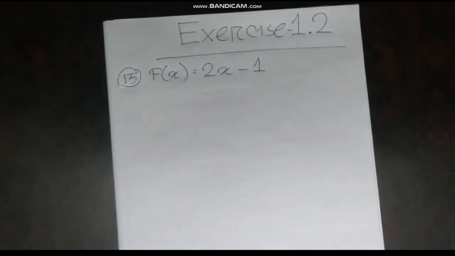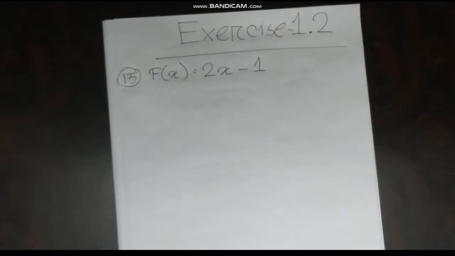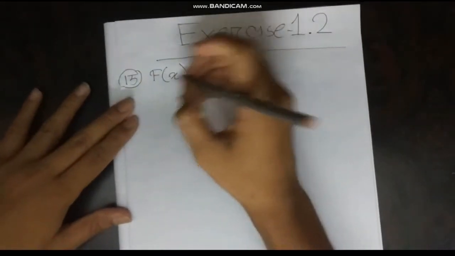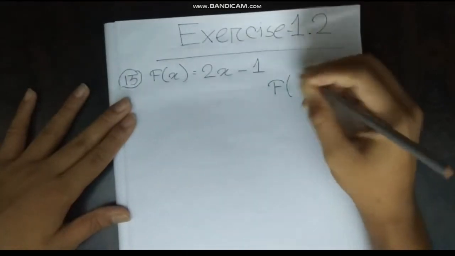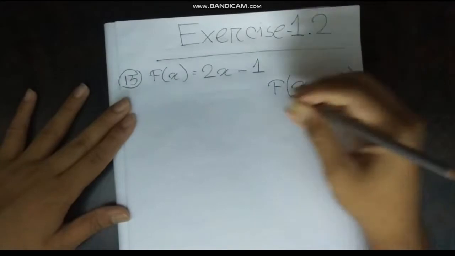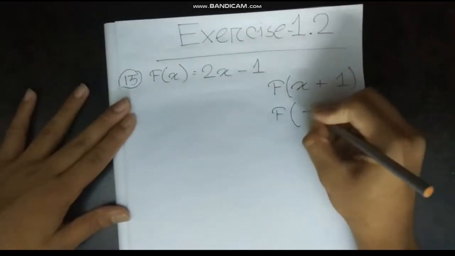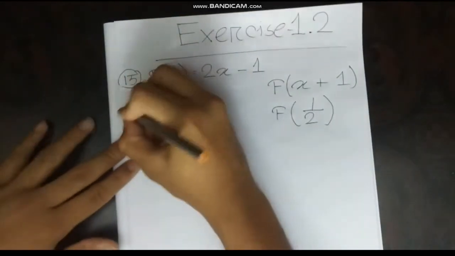Okay, the 15.1 is find the values of f of x plus 1 and f of half. Okay, we need to find the values of f of x plus 1 and f of half. Let's get right to it.